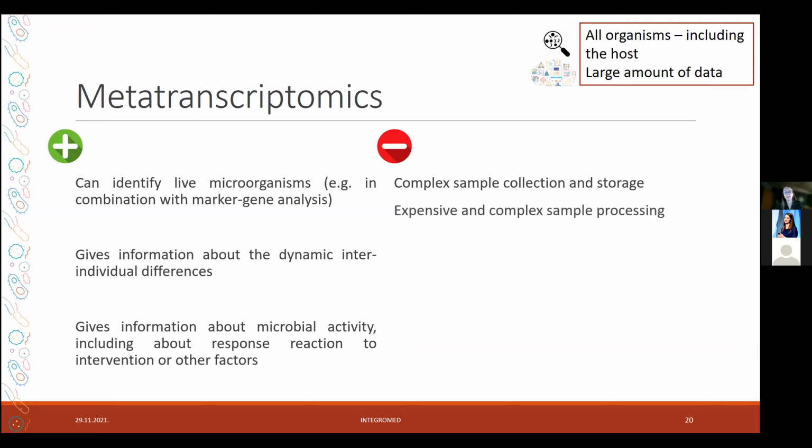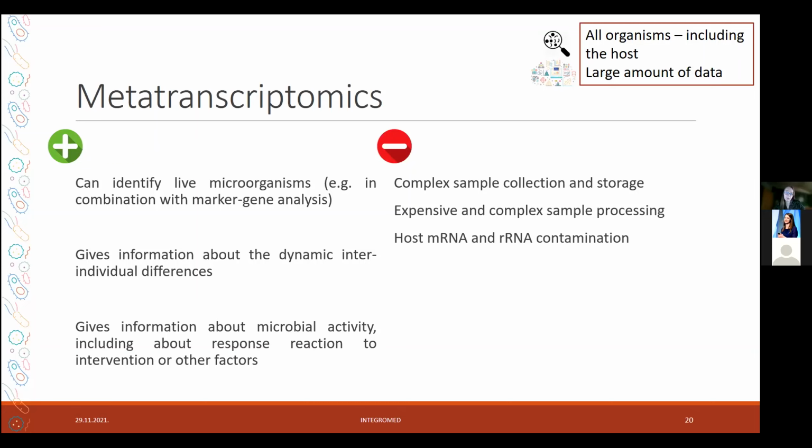It is quite expensive and complex in sample processing, as with other RNA-based methods, but as we know, sequencing is getting more cost-effective, the prices are lower, therefore this method is also getting a bit more affordable.